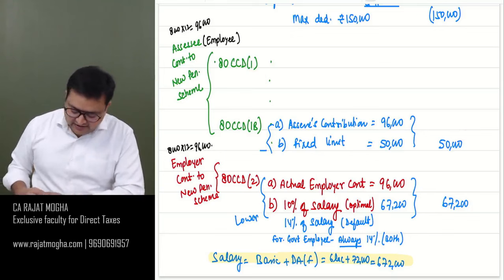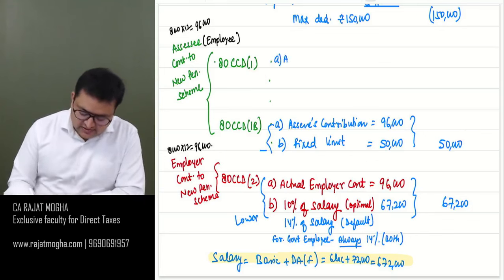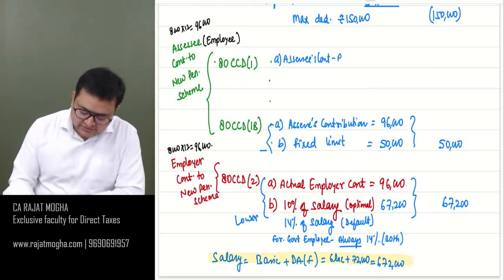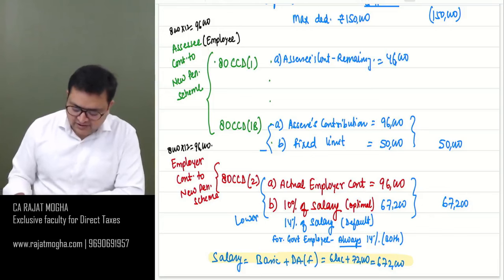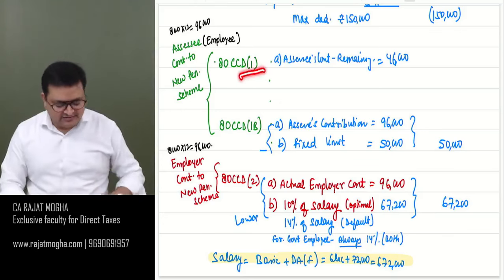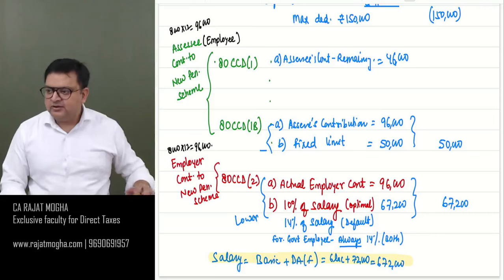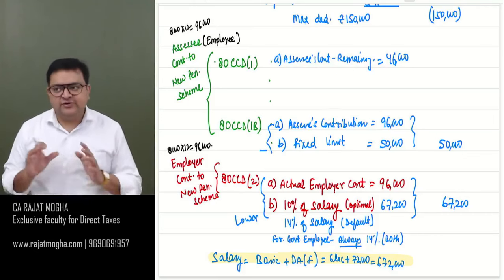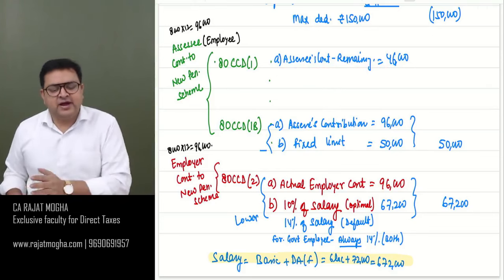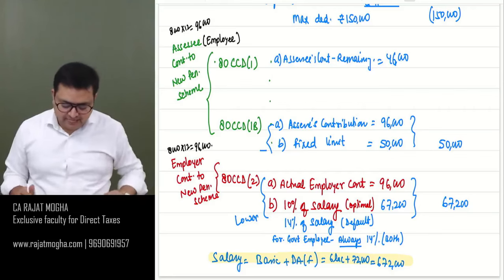So 80 CCD1 A, assessee's contribution, or I can say assessee's contribution which is remaining. So it is 46,000. Now the assessee would be saying, sir, actually 50,000 you have given me here, thank you. My 46,000 is remaining. Can you give me in 80 CCD1? First limit is assessee's contribution, whatever is remaining. What is remaining over here? Whatever you have taken in 1B, just exclude that. Now tell me whatever is remaining.